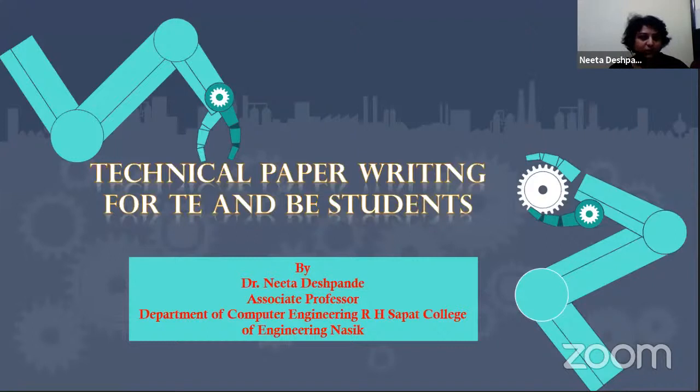What I will focus on is that whatever work you are doing for your seminars or your projects, you can convert it into a paper, either a conference paper or a journal paper. You can also convert it to copyrights or patents, but that is not in the scope of this webinar. It is only related to publications.